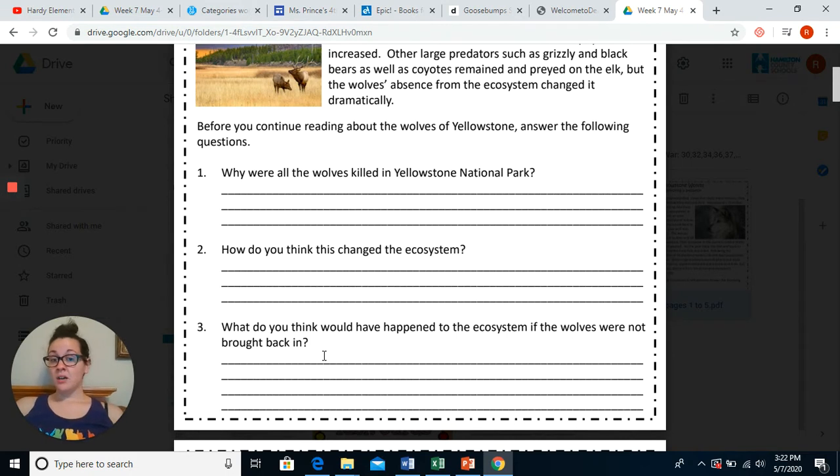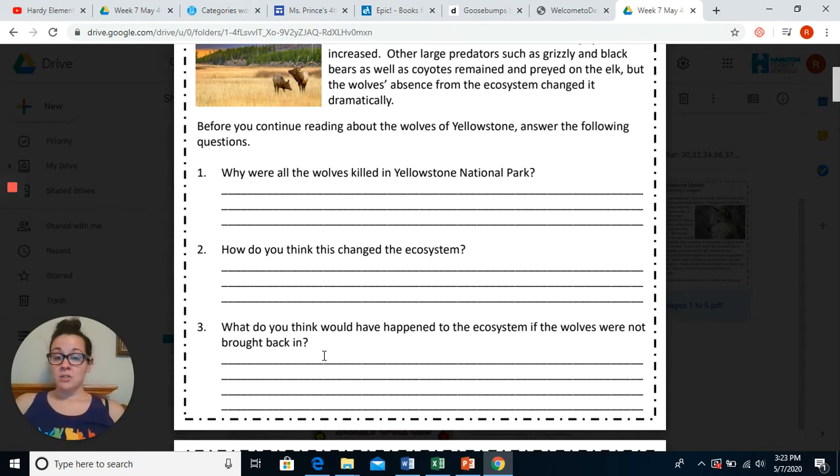So maybe Yellowstone may run out of greenery, shrubbery, plants for these animals to eat if there isn't a predator to control the population of animals that eat the greenery, that eat the grass and shrubs.